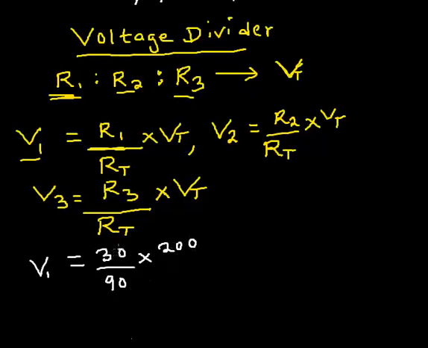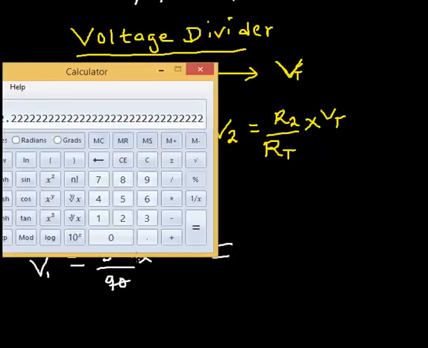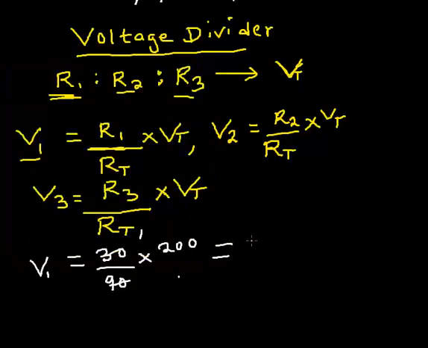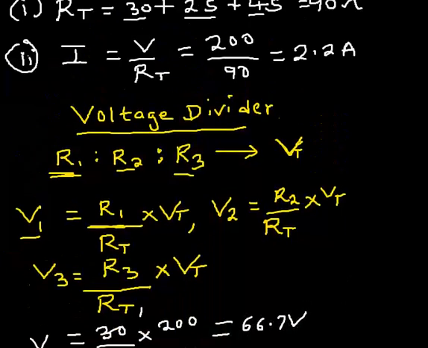Of course, 30 divided by 90 should give me 1 over 3, right? So I'm having 200 divided by 3. So that's 66.7 volts, approximately.